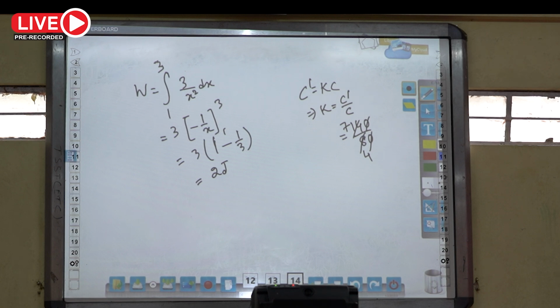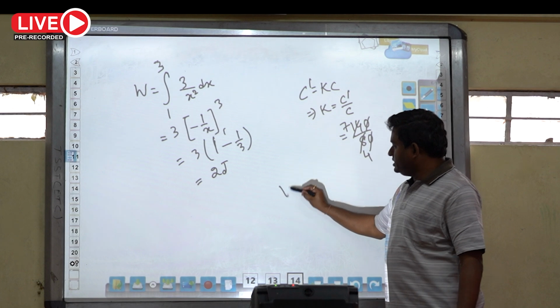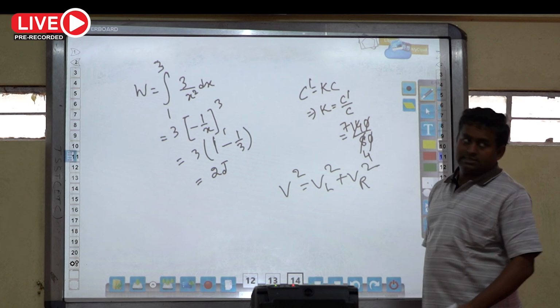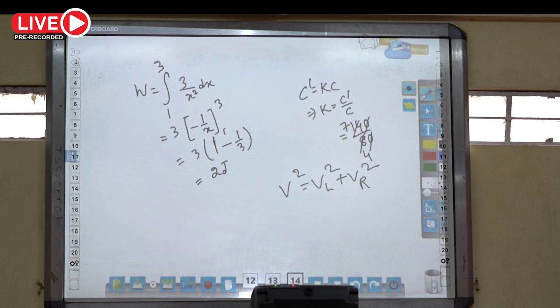Question number 7. A circuit consisting of a resistance and an inductance coil in series is connected to an alternating voltage source of 20 volt. The voltage across the resistance is 12 volt. Then the voltage across the coil is. V square will be equal to VL square plus VR square. From that you have to calculate, because R and omega L are not along the same direction in the phasor diagram. They are perpendicular to each other.